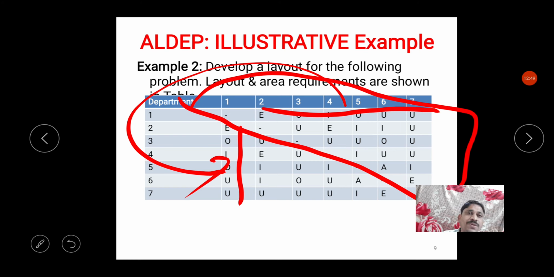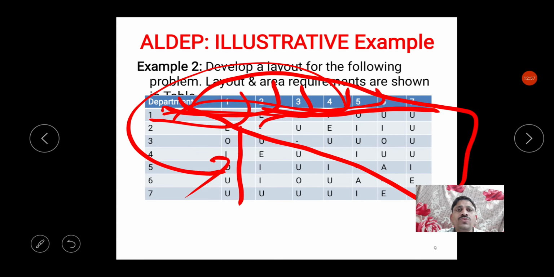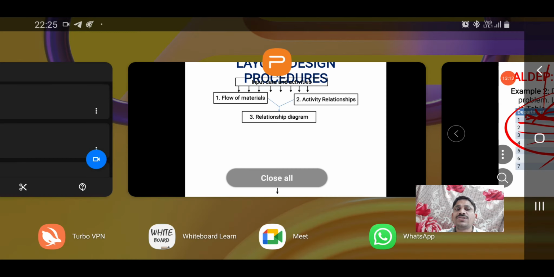The same thing will be here, because the departments 1 to 2, 1 to 3, 1 to 4, 1 to 5 are the same as 2 to 1, 3 to 1, and 4 to 1. So this is called a relationship diagram. How are we developing this relationship diagram? Based on two things: one is the flow of materials between various departments, and another is the activity relationships.